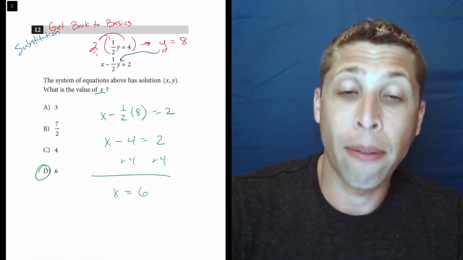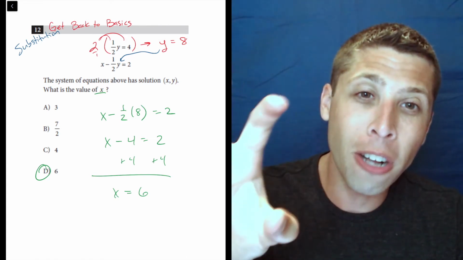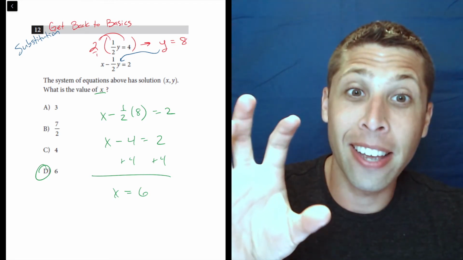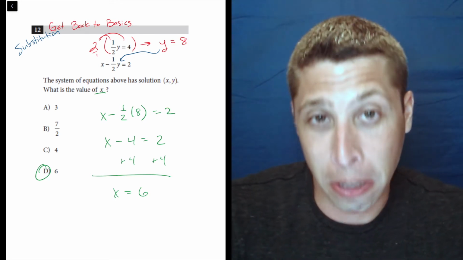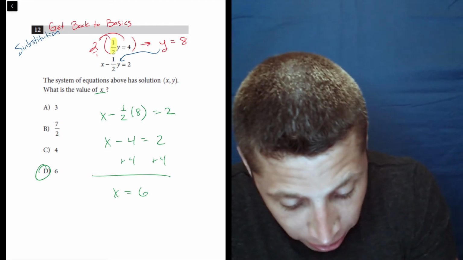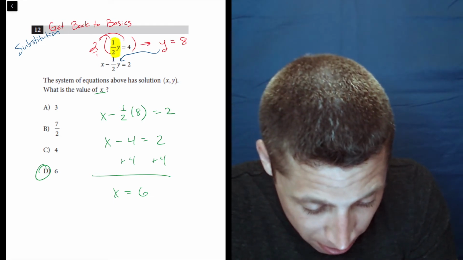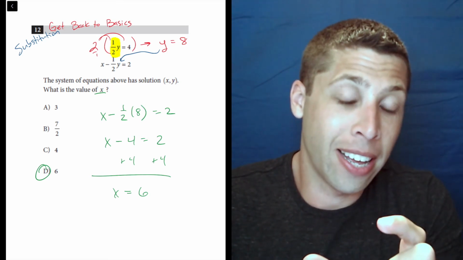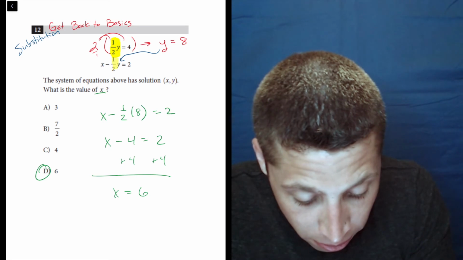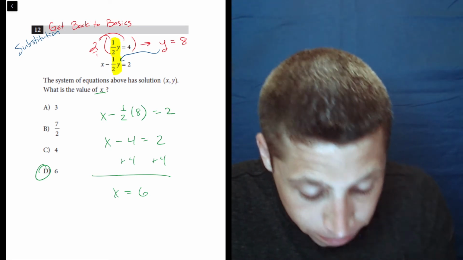And so sometimes we have to treat chunks of variables or chunks of numbers as if they were just by themselves a variable. So what you might notice here is that 1/2 y is like a unit that also appears in the other equation.